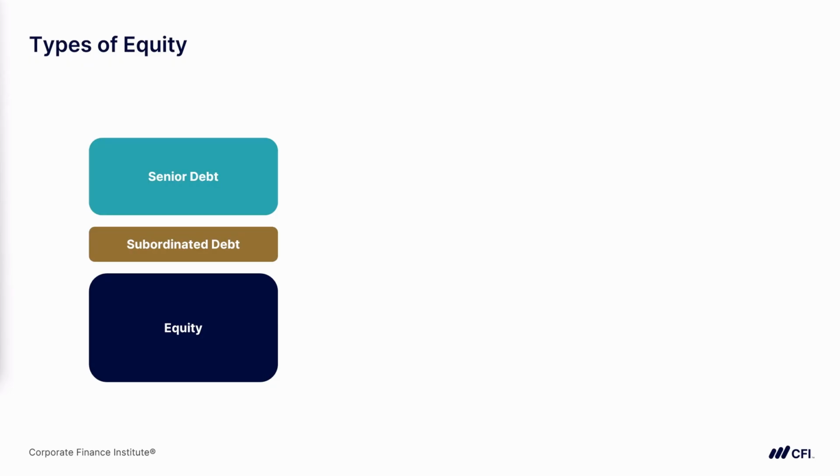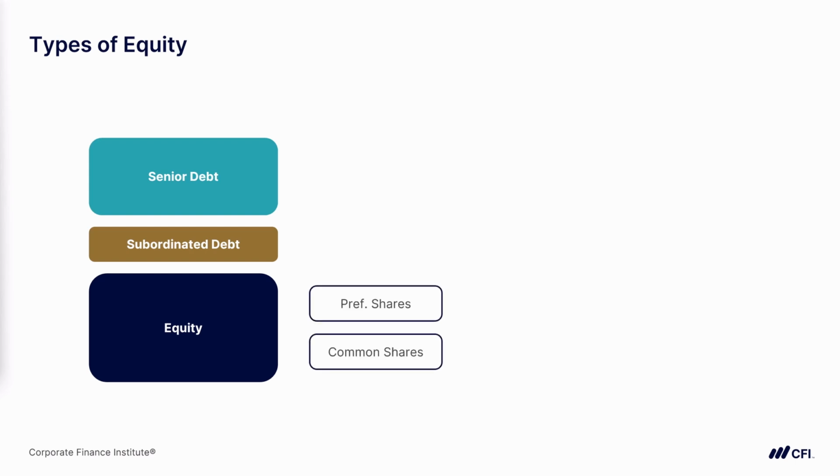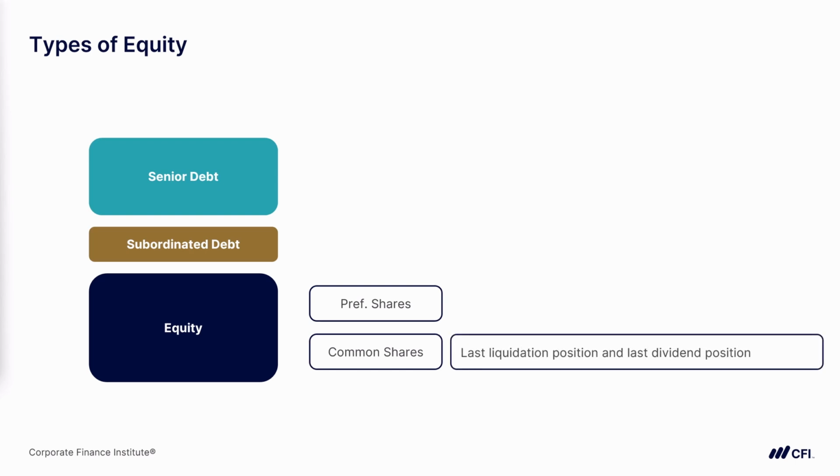So let's now discuss the various types of equity. If we pull in the same diagram that we looked at previously, we want to focus in on the equity section. By far the most common two types of equity would be preferred shares and common shares. Now, if we start at the bottom, the common shares would be the last liquidation position and the last dividend position. So what does this mean?